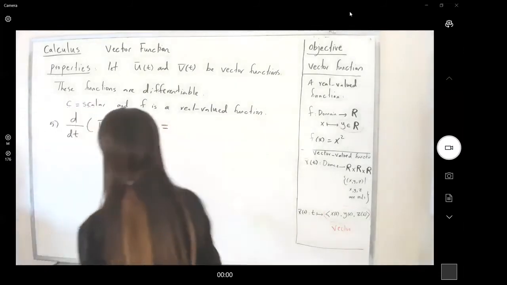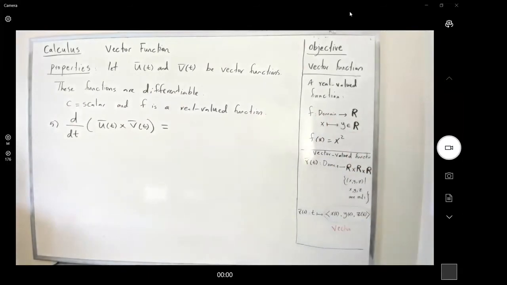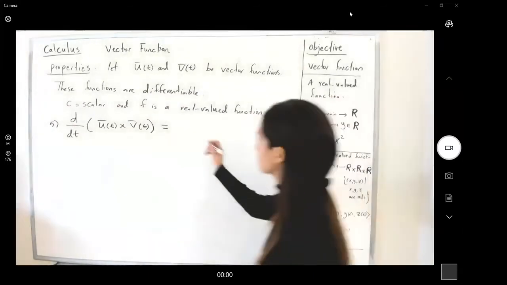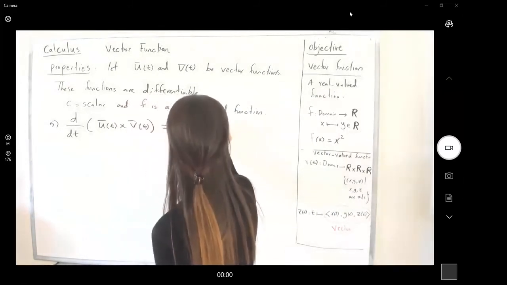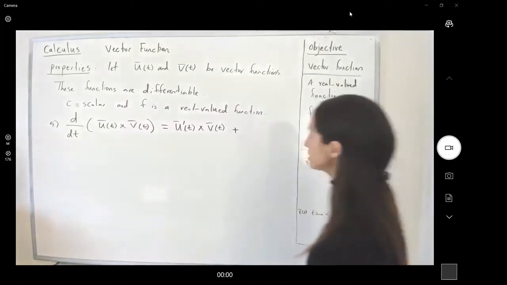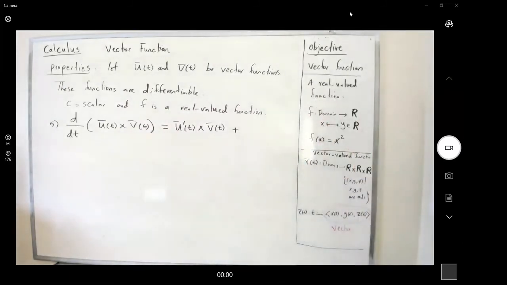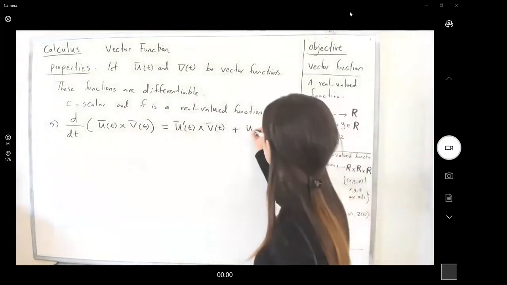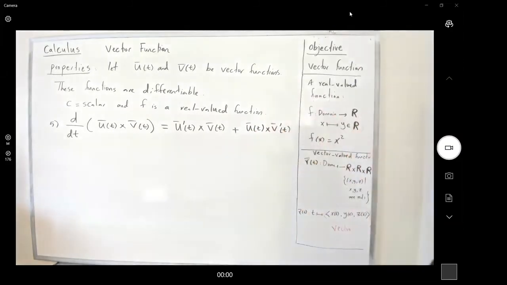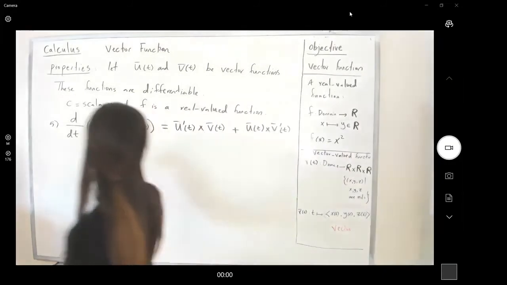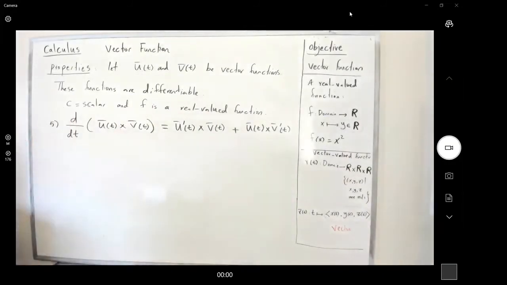It is equal to the derivative of u cross v plus u cross the derivative of v. In a sense, it's similar to applying the product rule, but note that here we have the cross product between them.